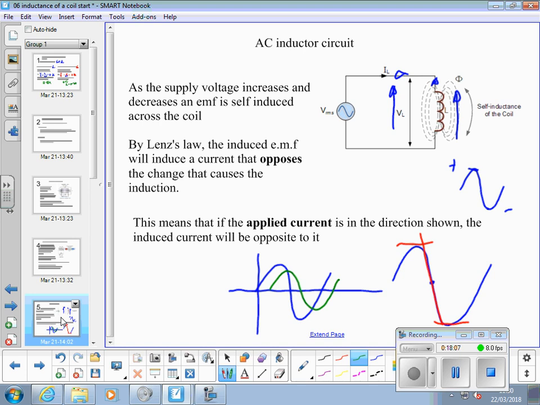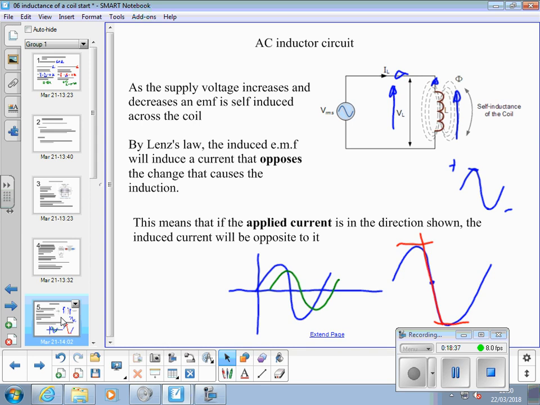Again, more about that soon. I don't want to go too deep. I'll explain why we get less current on AC than we get on DC, and what we're leading up to, part of the experiment you do for practical, is to find what the inductance of that coil is, and we can do that using these values that we've measured. Alright?